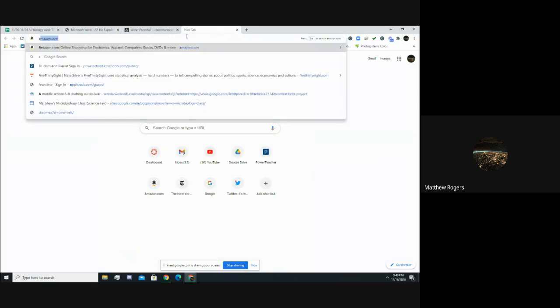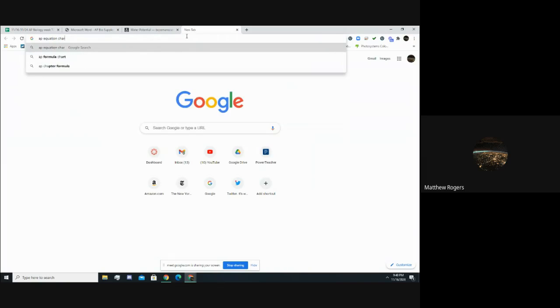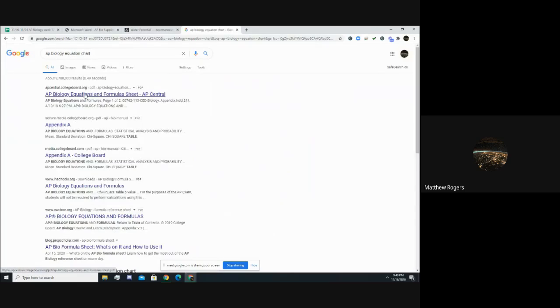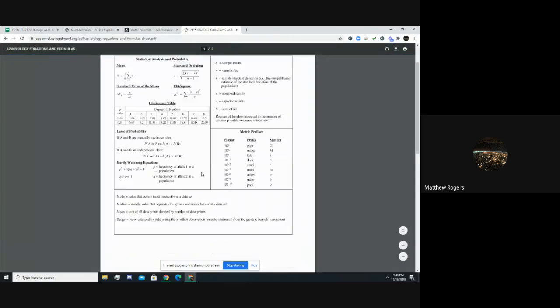So, AP Bio equation chart. Oh, I put the wrong one. Biology equation chart. Sorry, my keyboard stopped working for a second.